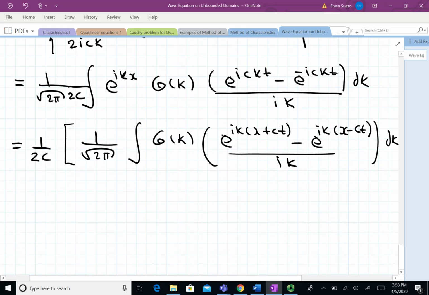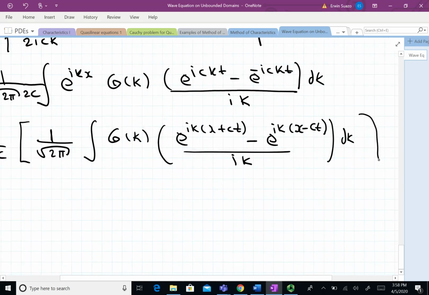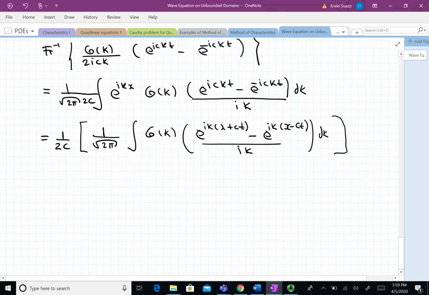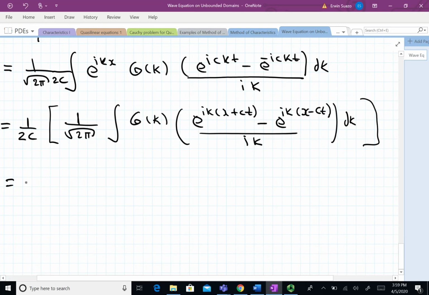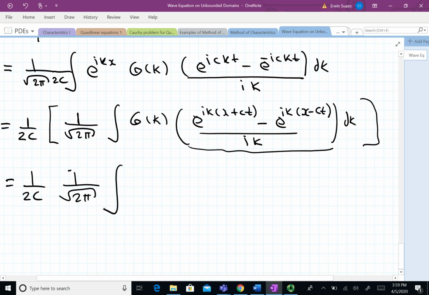And now this is the important step for this part, because what I'm going to do now is 1 over 2c, and I'm going to notice that this guy is just an integral. So this is going to be 1 over the square root of 2 pi, integral of G(k).